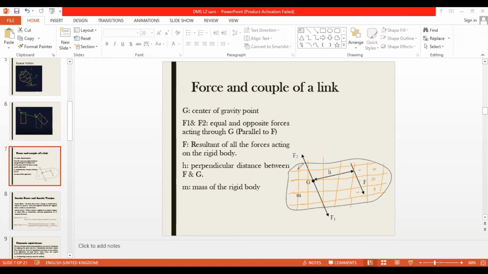In this body, the center of gravity is acting at this particular point. There are numerous points. How are we going to determine where the center of gravity point actually is? How do we know this is the center of gravity? Why can't it be somewhere here or somewhere here?